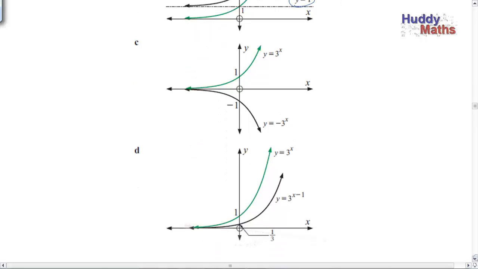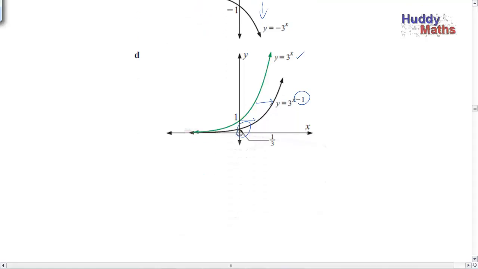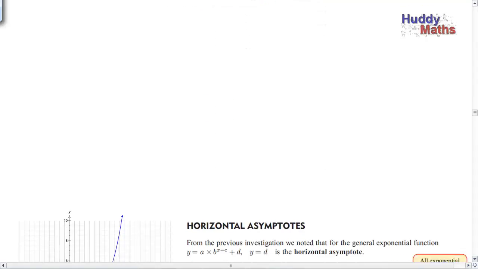Then neg 3 to the x has been reflected down here. And 3 to the x take 1 is moved across by plus 1. Everything's moved across, so there's a new y-intercept there. Okay, and let's go and do some more.